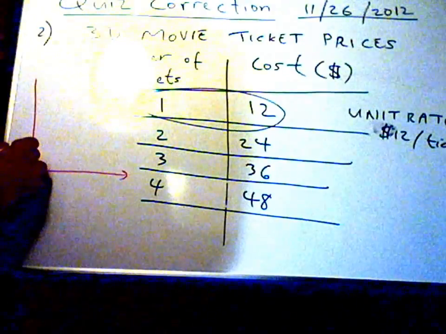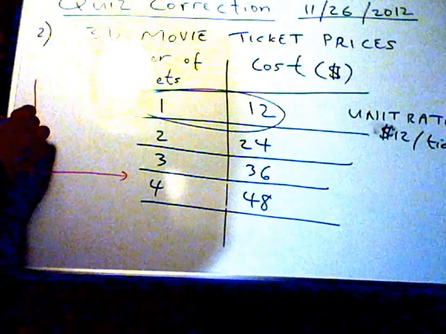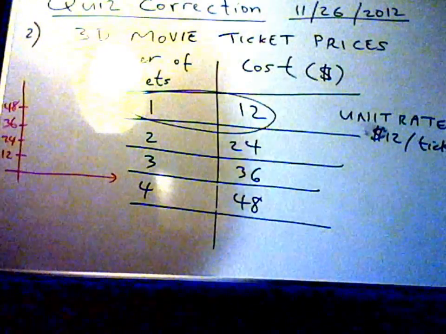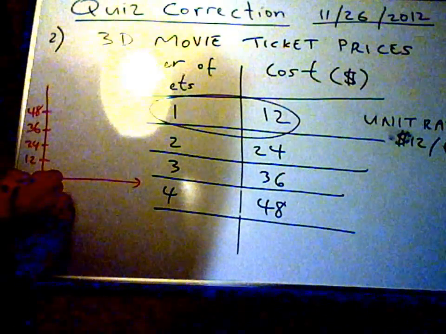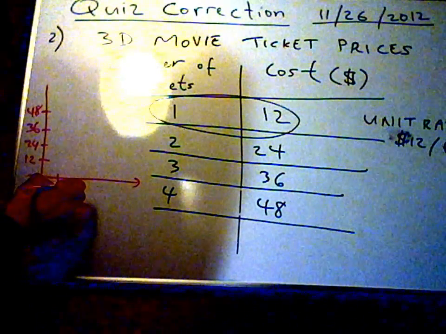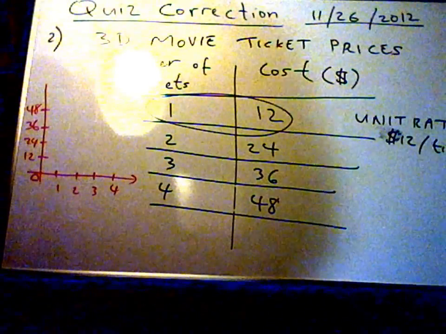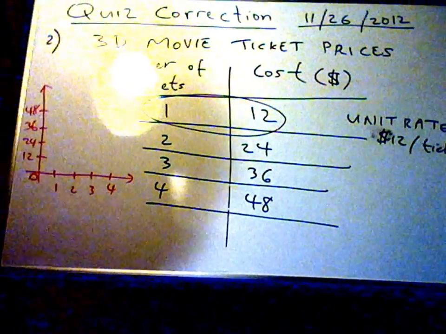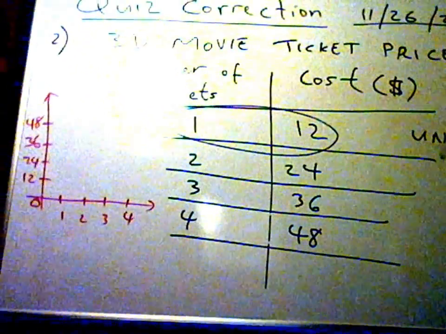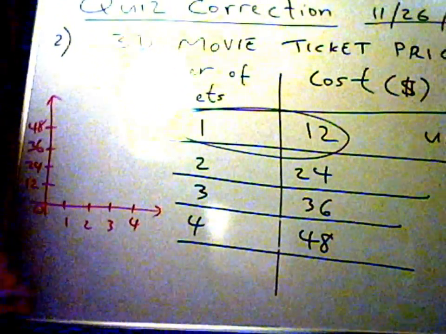So I start out with 12, then I go to 24, then 36, then 48. And I have my origin there, and for number of tickets, I count 1, 2, 3, 4. Notice that my scale is even on each of the axes.